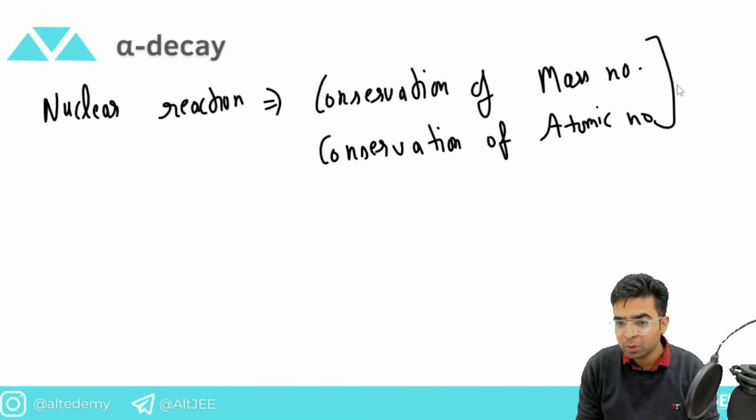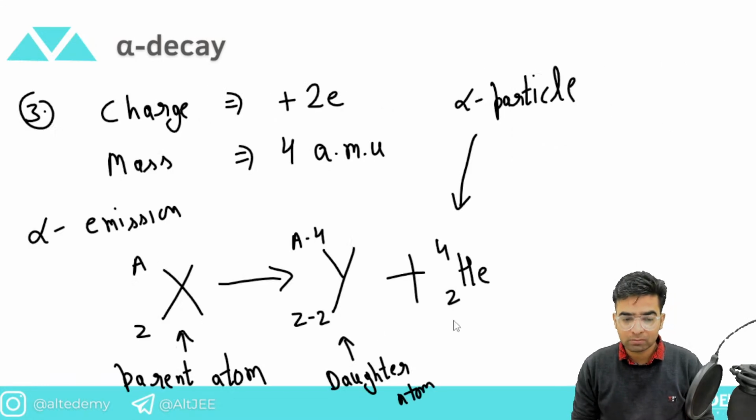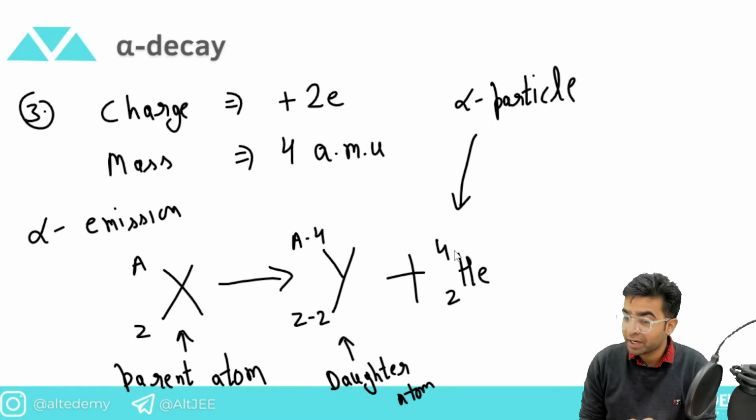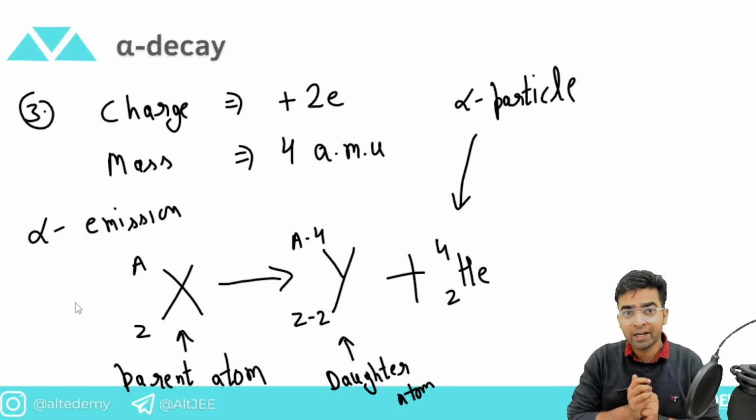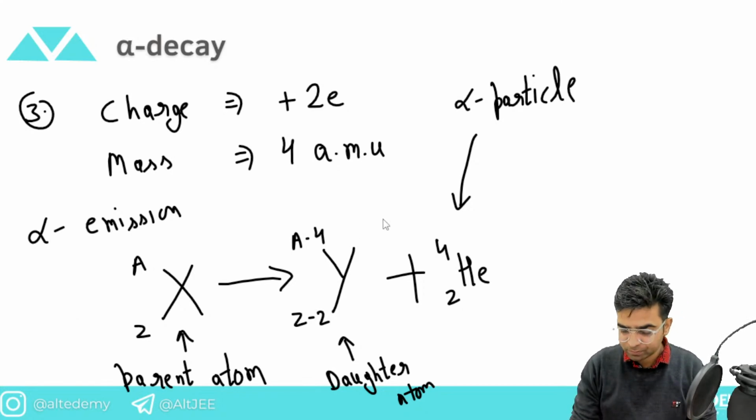Both sides are going to be equal: A minus 4 plus 4 gives A, and Z minus 2 plus 2 gives Z. So on both sides the values of A and Z are equal.